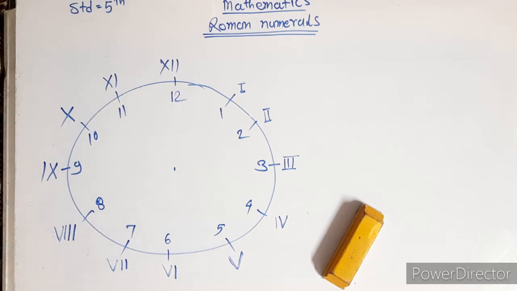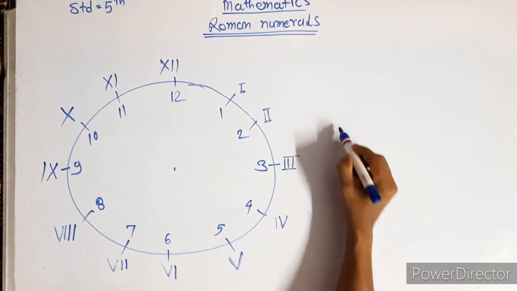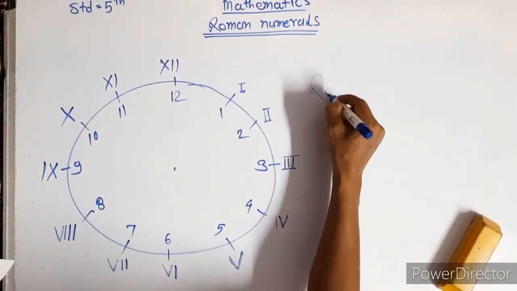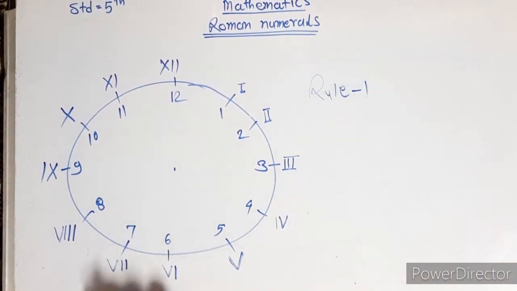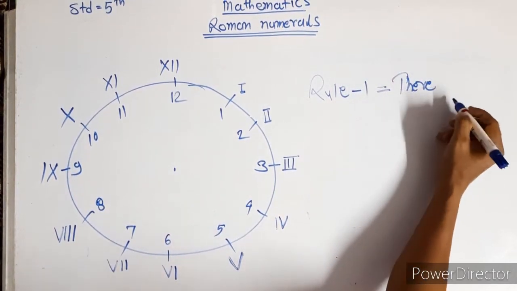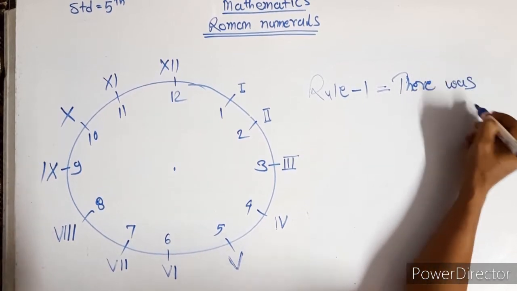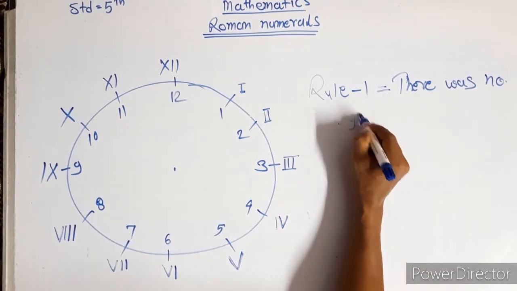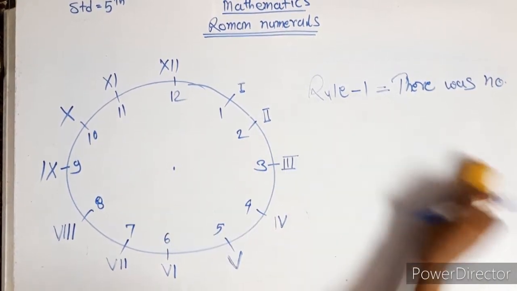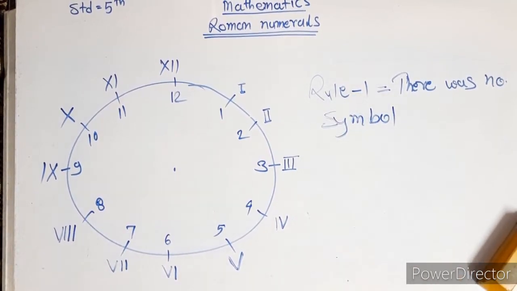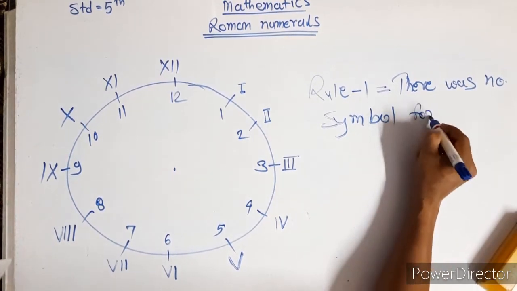The first rule: there was no symbol for 0.